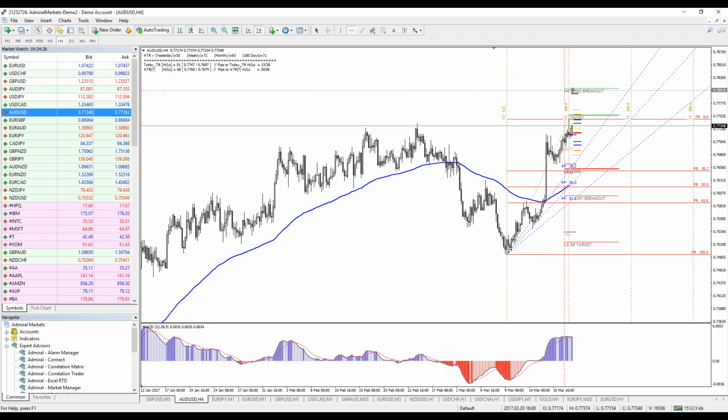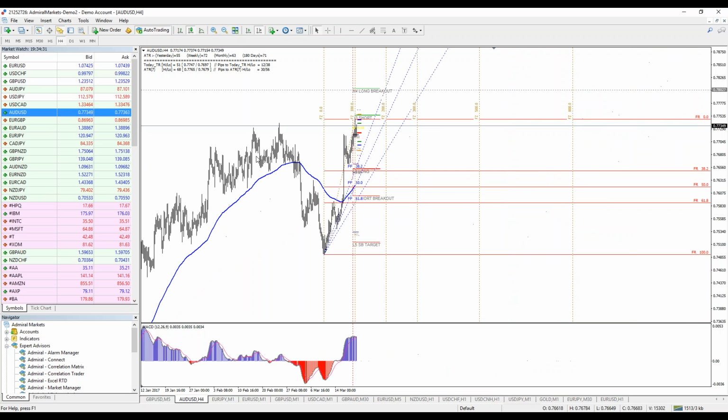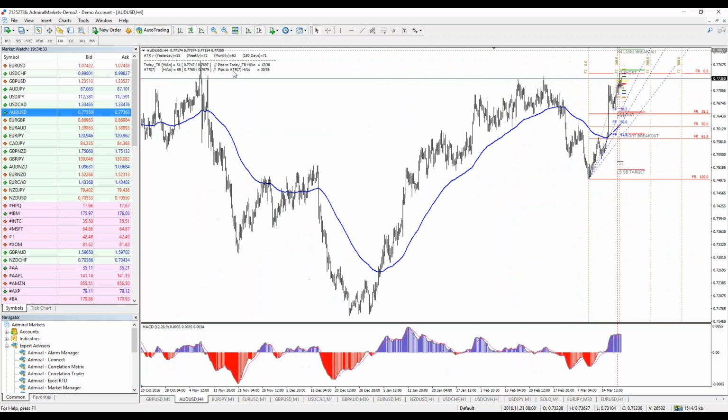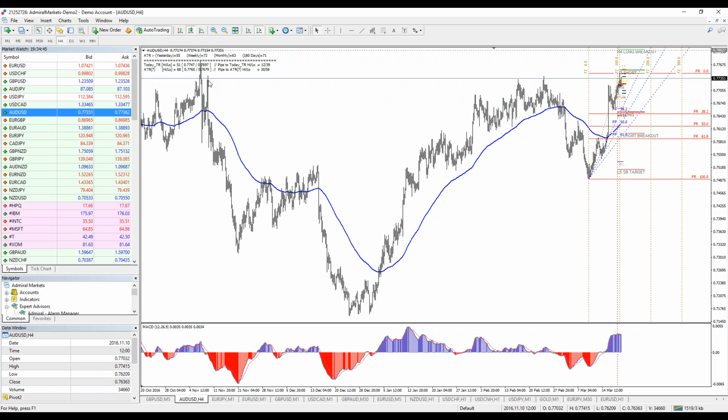4H looks very tempting to me to sell, because guys, watch what happened last time. This happened last time just above this level, okay? The high of this candle here is, no, not this one, this one.